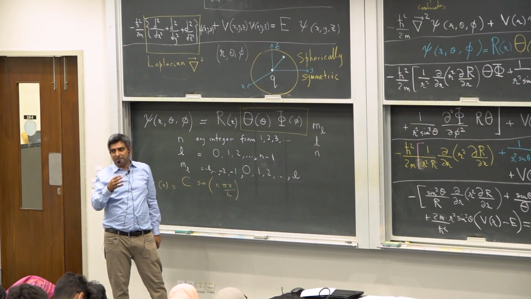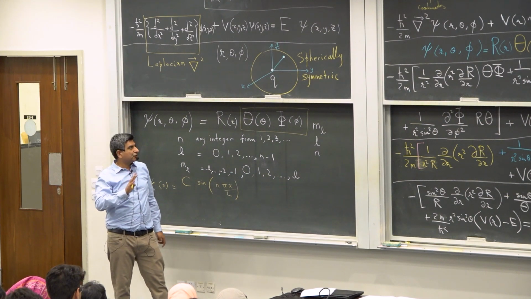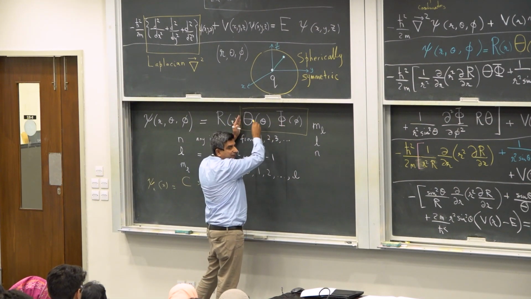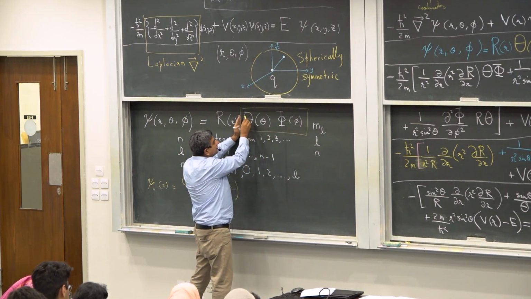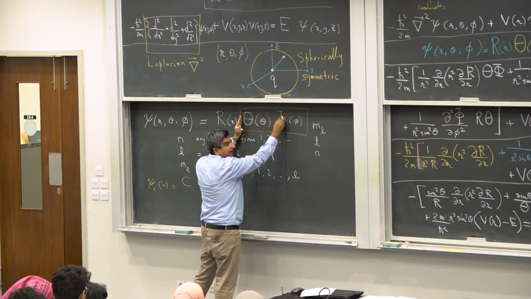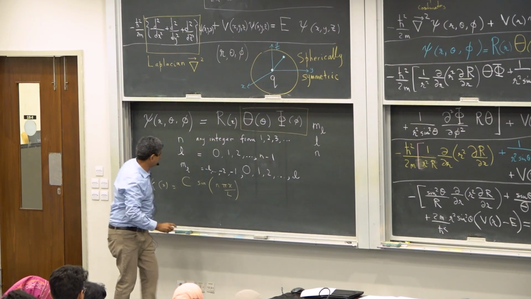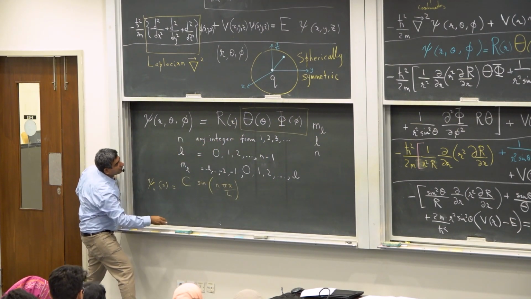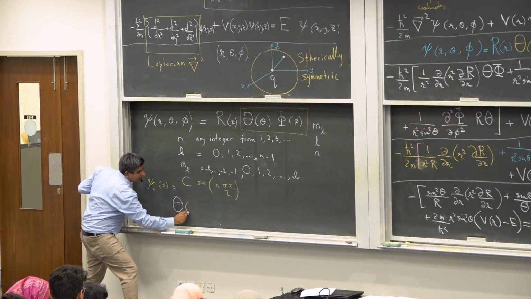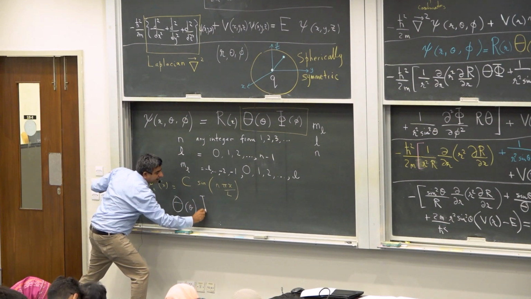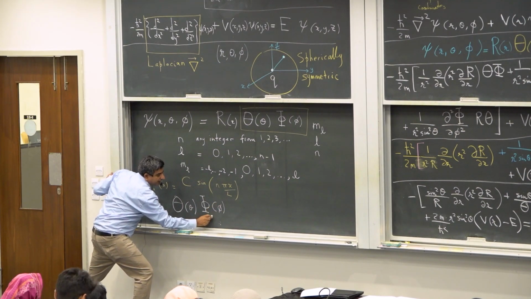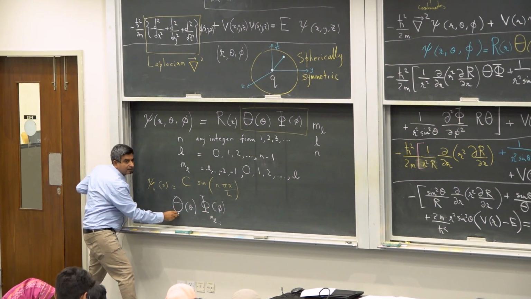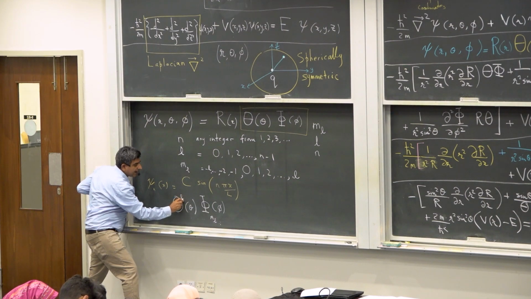The only thing that is helping us is that it's spherically symmetric, but the potential energy does not identify these wave functions. They do not determine these wave functions. So the product of theta and phi depends upon ml, theta depends upon both L and ml.